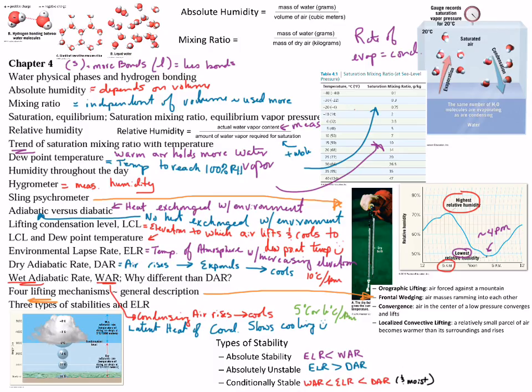Now, if your ELR is pretty high, greater than 10, then it's going to be absolutely unstable. And if it's between the 2, it's going to be conditionally stable. And the condition I put over here is, do you have any moisture in it?